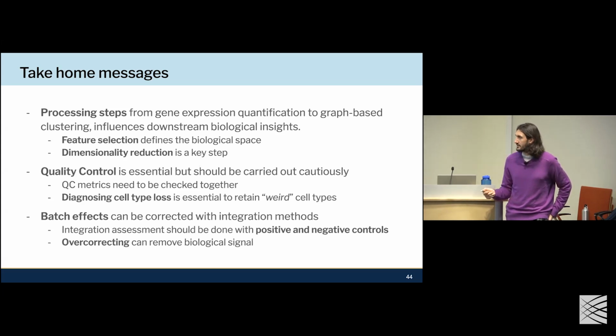And batch effects can be corrected with integration methods, but try to have some positive and negative controls of what you're correcting. And if you don't have a good experimental design and you end up overcorrecting your analysis because your biological covariate of interest is confounded with a technical artifact, then you will be homogenizing all of that together and losing a lot of biology.